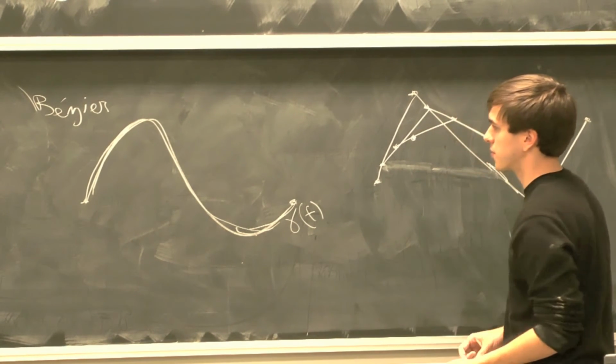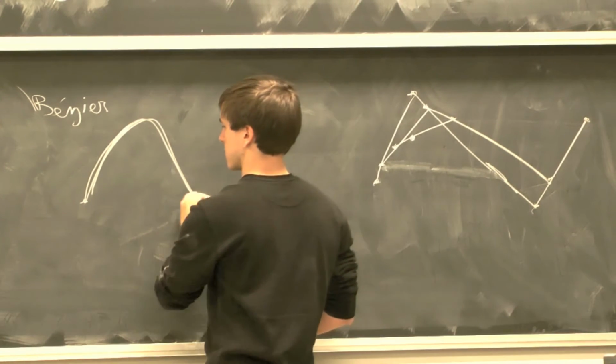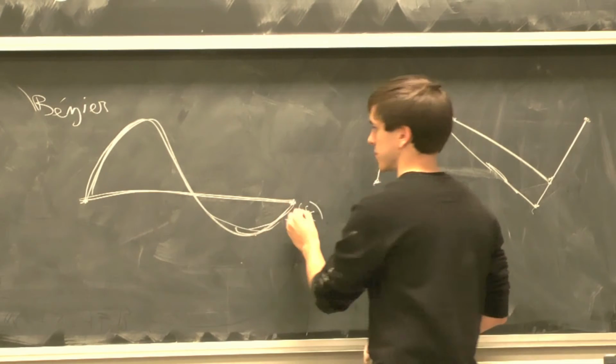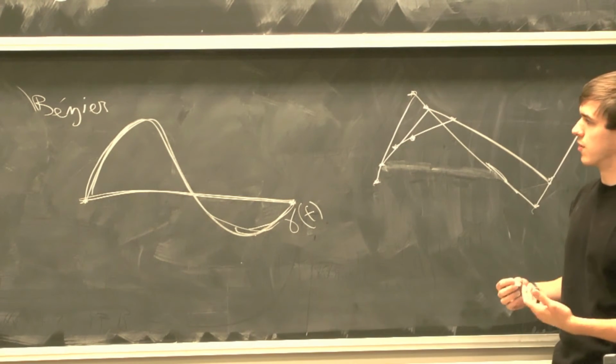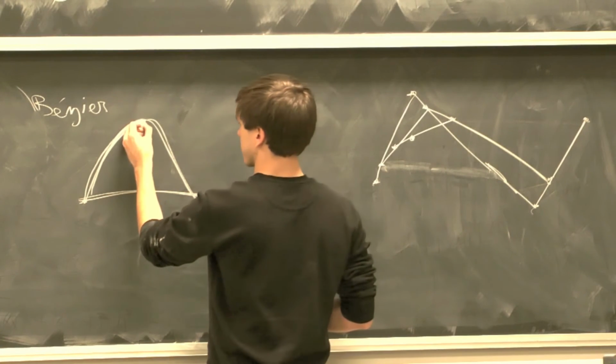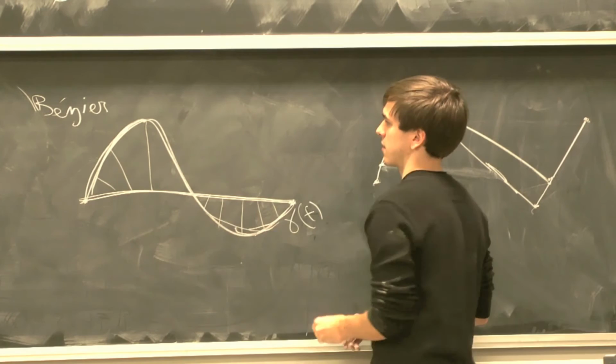And so what the computer will do is it'll just draw a straight line between the endpoints, and then it will use some metric of how much we actually messed up by doing that, which is often quite a bit.